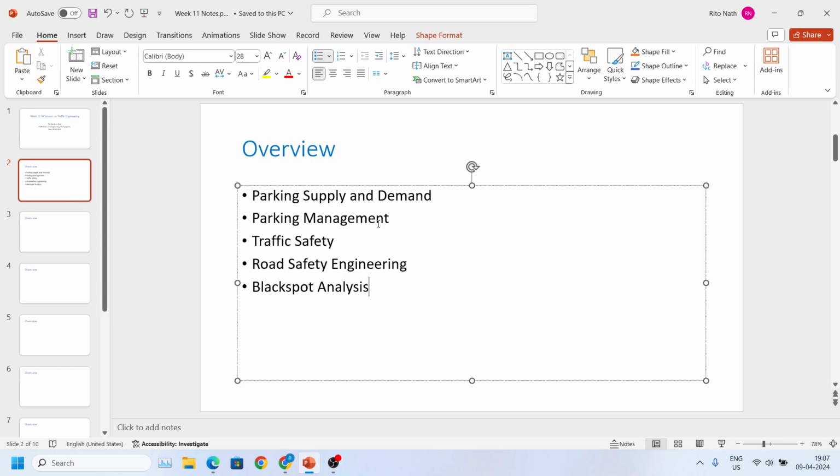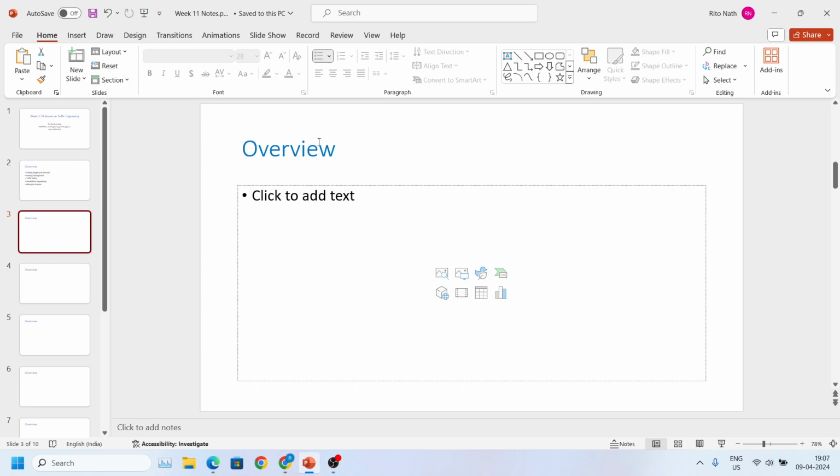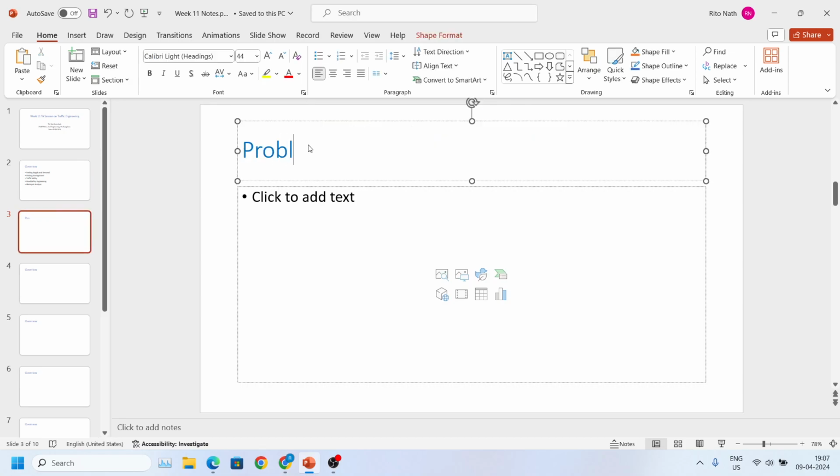These will be the topics that were covered in the lectures, and also the topics of discussion in this session. First we'll directly look at some of the similar problems that you'll find in assignment 11, and see whether it's difficult or easy to answer. Hopefully you'll be able to answer those problems.